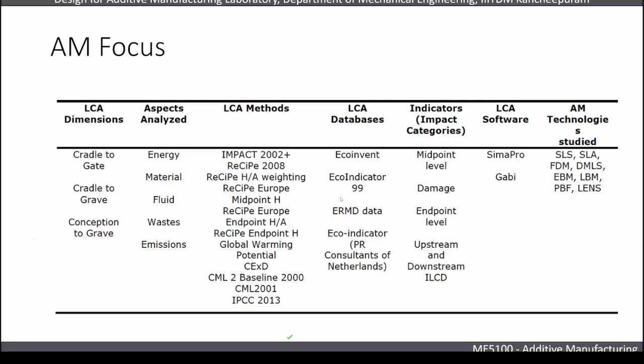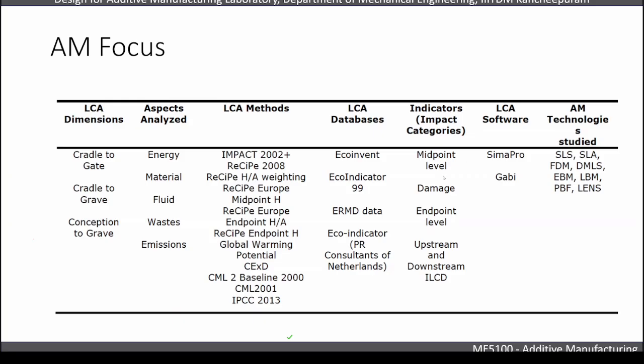Eco-Indicator 99 is a method, the one that we saw, covering damage to ecosystem, damage to human health, and damage to resources. Eco-Indicator 99 gives you one simple indicator in milli-points so that you can compare products in one single number. So it's a quantifiable way to compare sustainability.